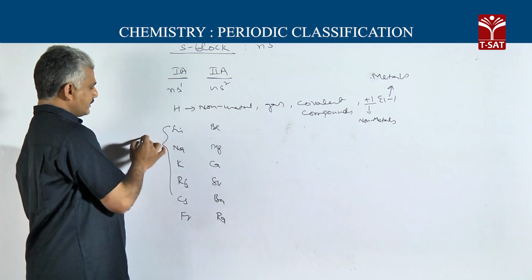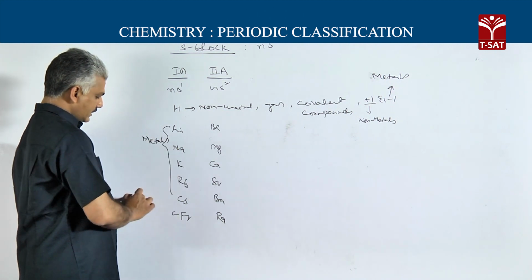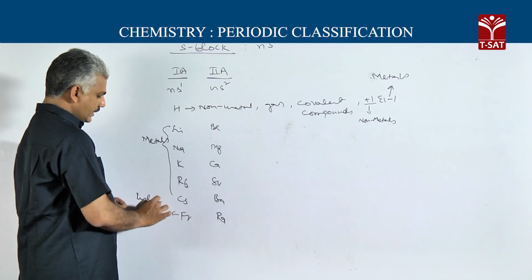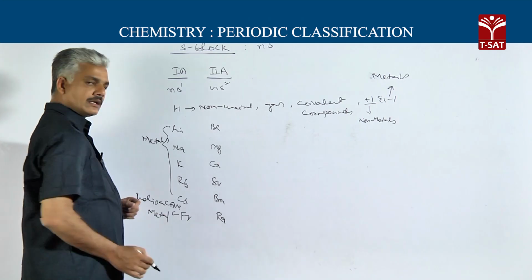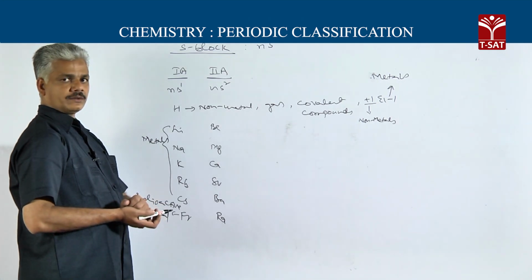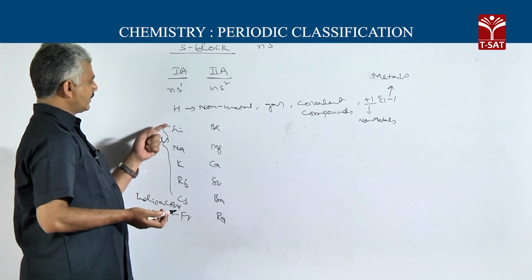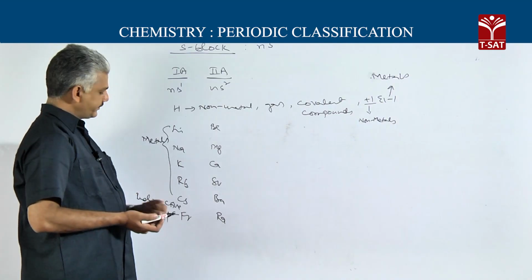Lithium to cesium are normal metals, whereas francium is a radioactive metal. In general, in any group, the last element will be radioactive in nature. All these exist in solid state.